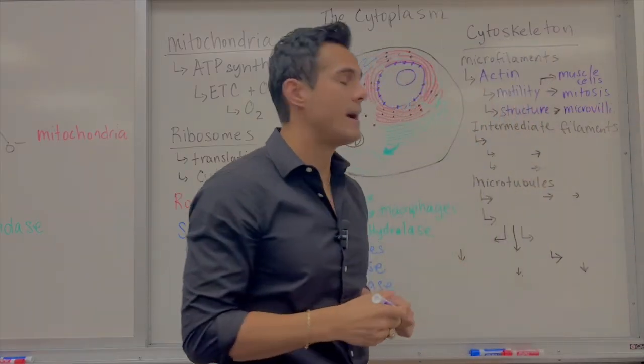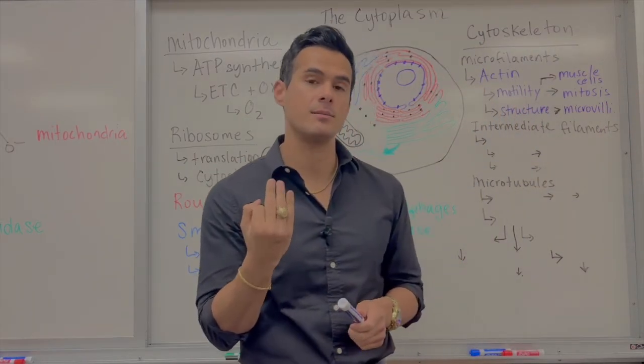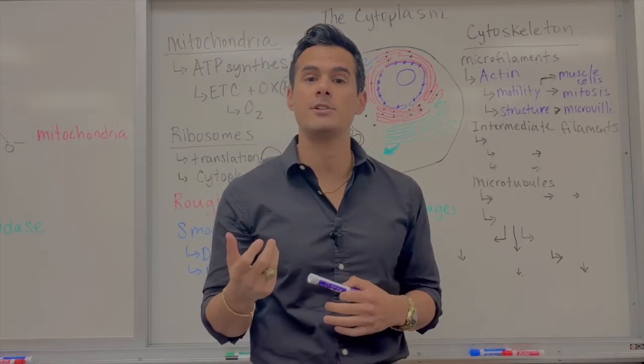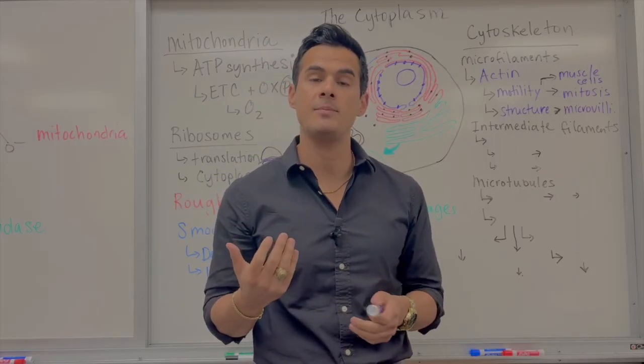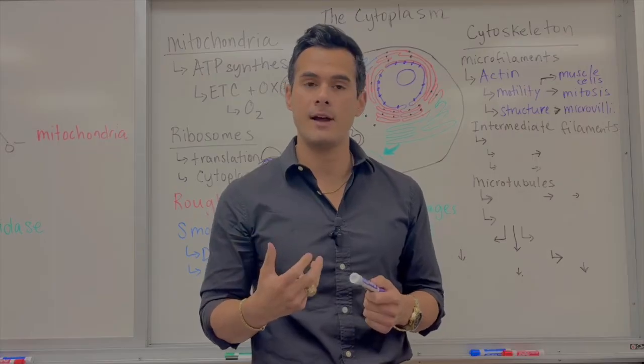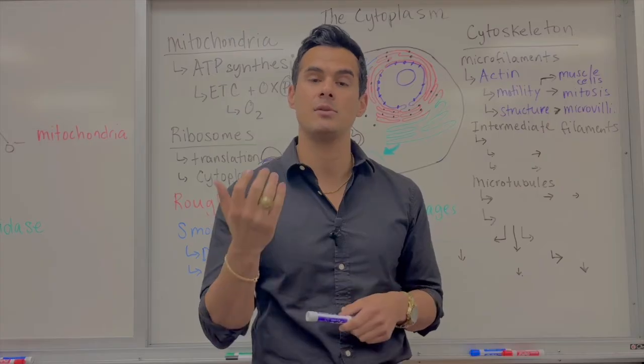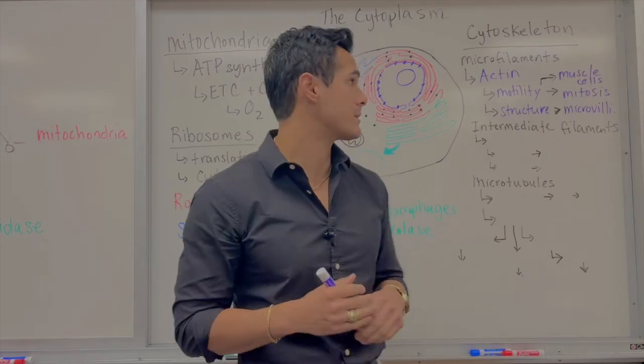Microvilli are projections that are found on what's called the apical surface of the cell, or the top part of the cell. They function to increase the surface area. The site where these microvilli are found prominently is within the intestinal cells because we have to absorb these different nutrients.